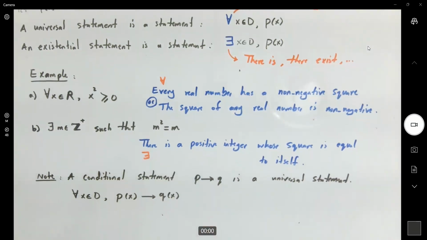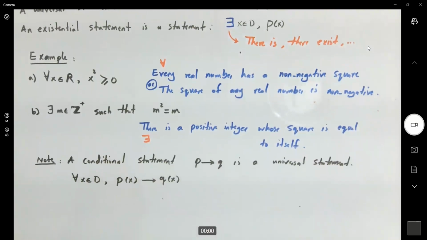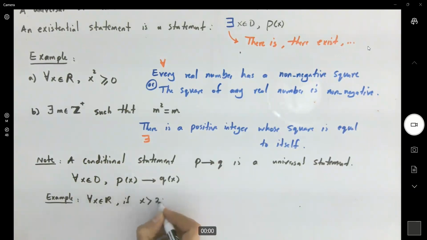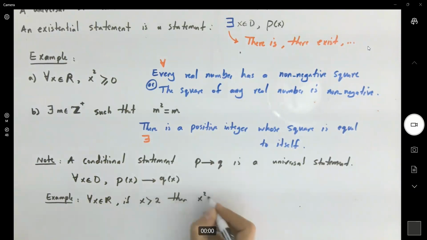For example, for every real number x in R, if x is larger than 2, then x squared is larger than 4.